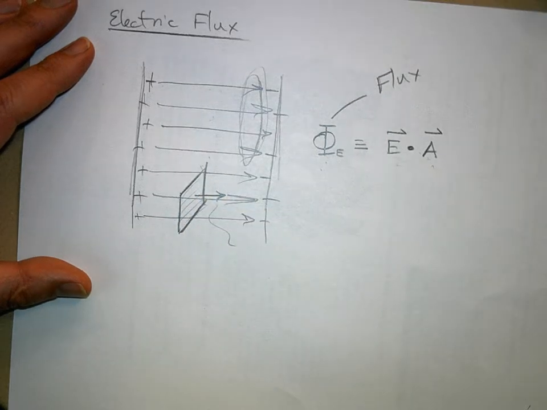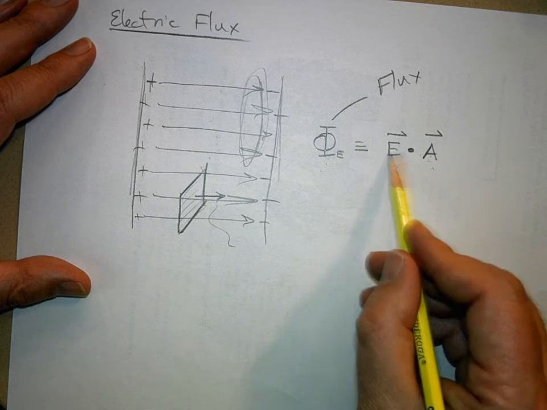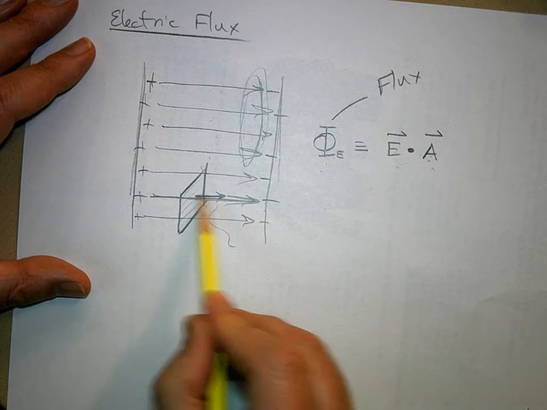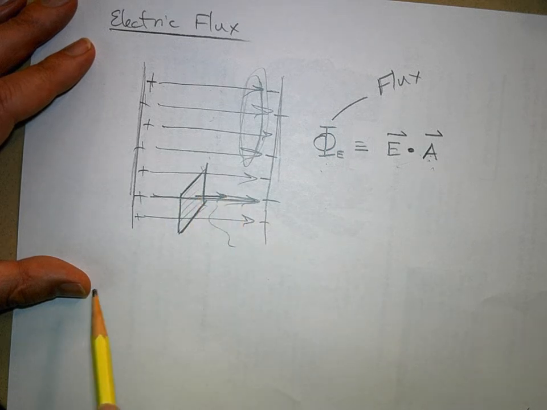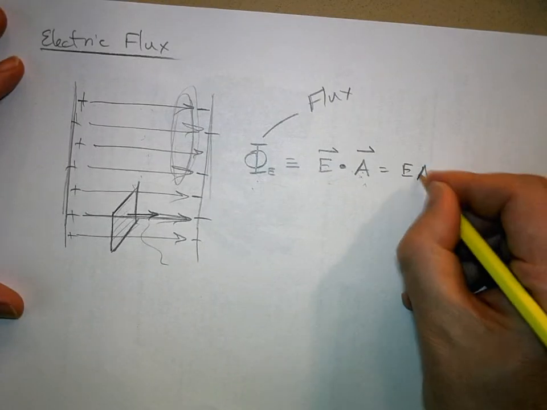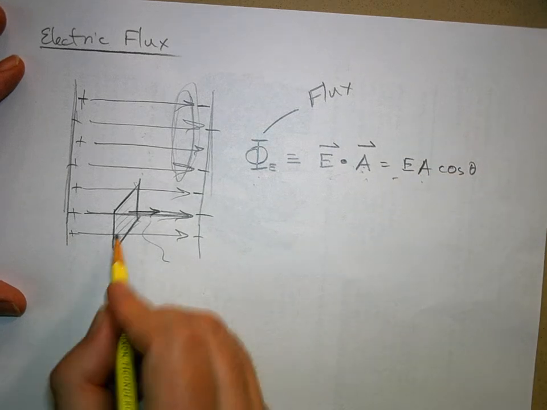That's the only way to do it. And so when you take this dot product, remember, this is E times A times the cosine of the angle between these two vectors. Really understand that area vector.